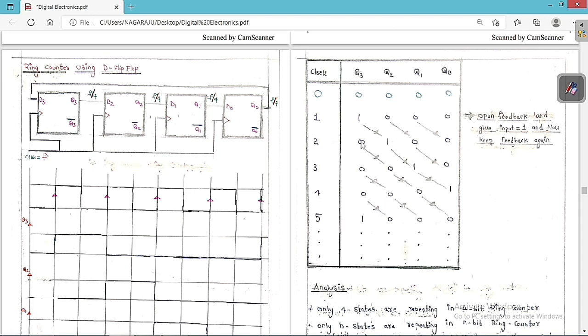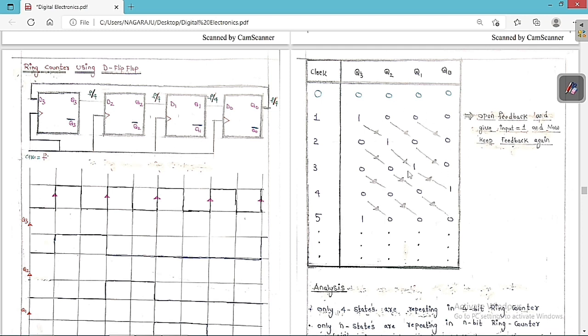Similarly, for the next clock, the 1 moves one place further, and for the next clock it moves to the last position. For the next clock, the 1 comes back to the first position. So the same thing that we got initially is going to get repeated, and the output is going to repeat in this fashion. This is called the ring counter using the D flip-flop.